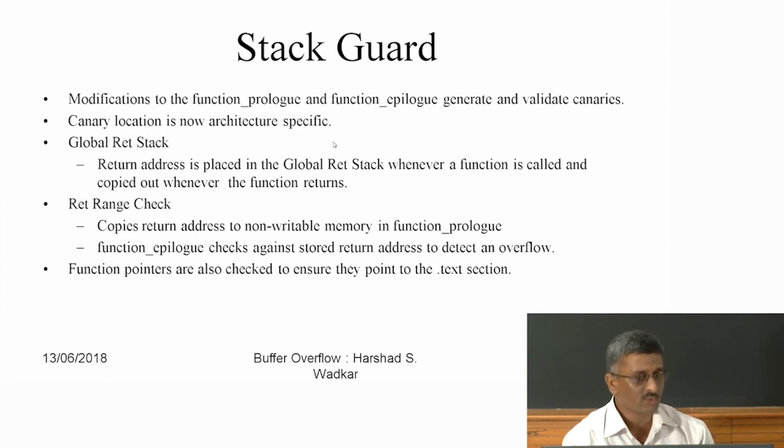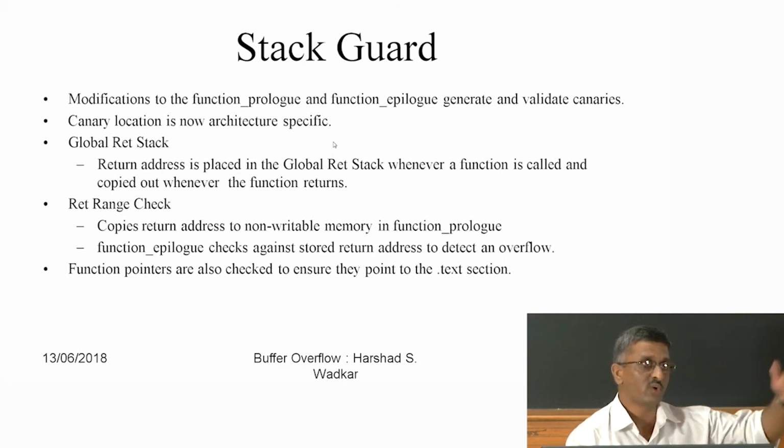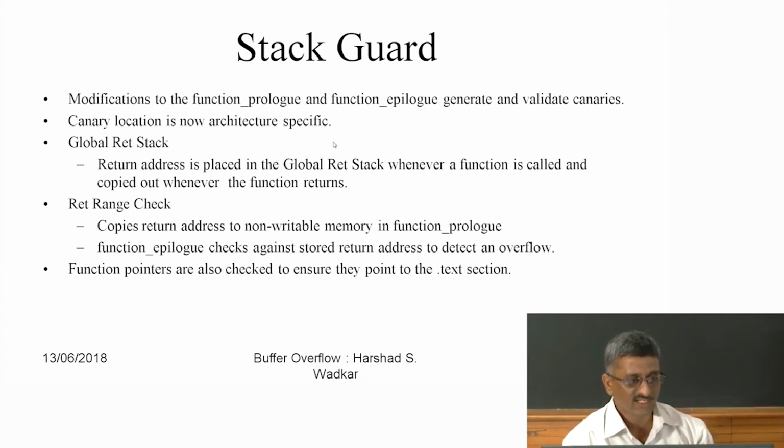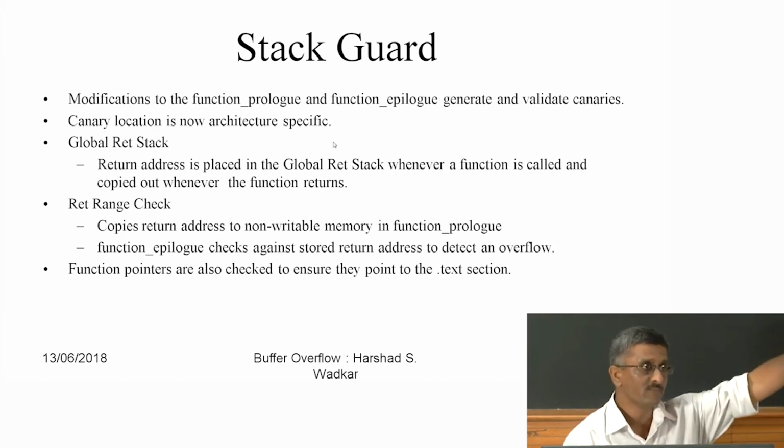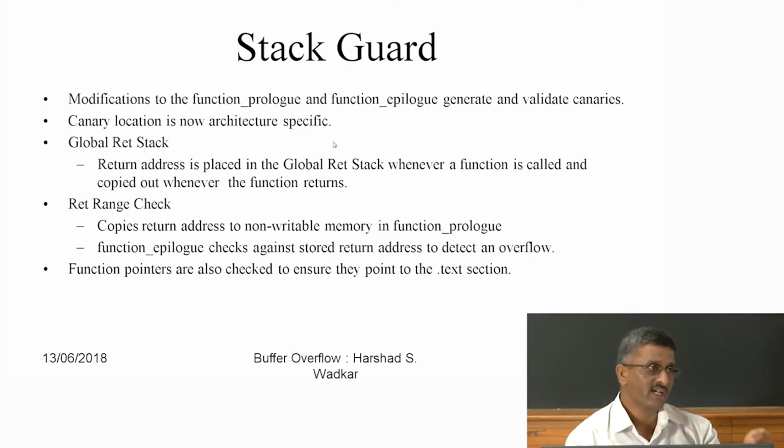The kernel location is now architecture specific, so that also helps, because the architecture on a Windows OS is different from that on Linux. The return address is placed in a global return stack whenever a function is called, and copied out whenever the function returns. So there is a memory location. Let's say the actual or intended return address is ABCD.